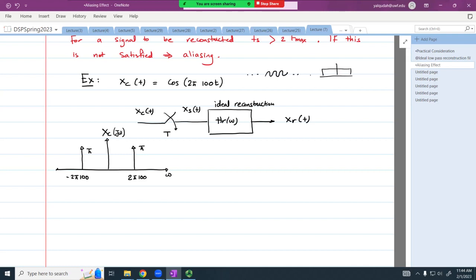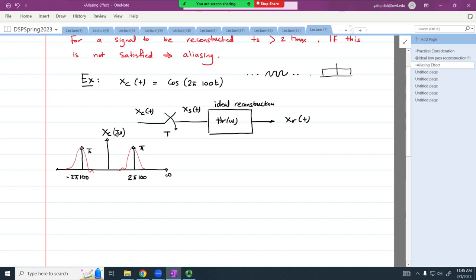A sinusoid that only exists from this time to this time. Agree? In the frequency domain, what is this going to look like? It is going to be a sinc convolved with those two impulses. So the spectrum is going to look like a sinc here and a sinc here.